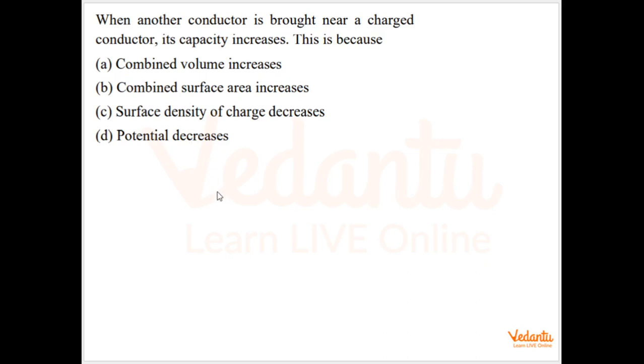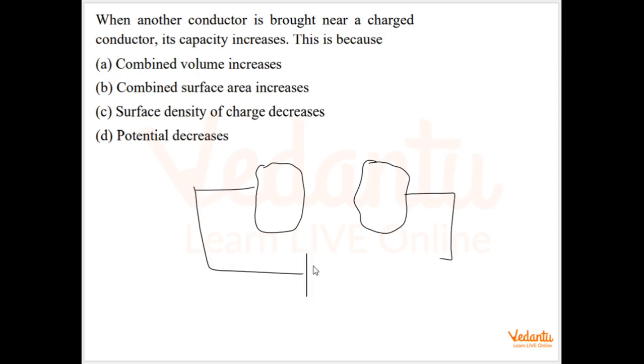Now, the reason for this is, my dear bachalo, that when we have two conductors like this, one of them having positive charge and one of them having negative charge, the potential of those bodies decreases. The potential, if you calculate at this point, will decrease because of the presence of a negative charge. So because of this, my dear bachalo, we get more charge for the same potential.